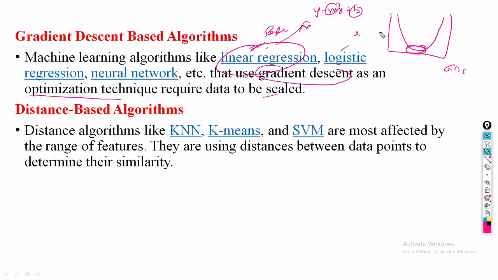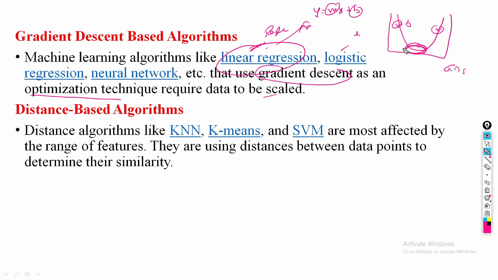If you apply feature scaling, the m and b values will be placed near the global minima, so it will take less time to execute the model.